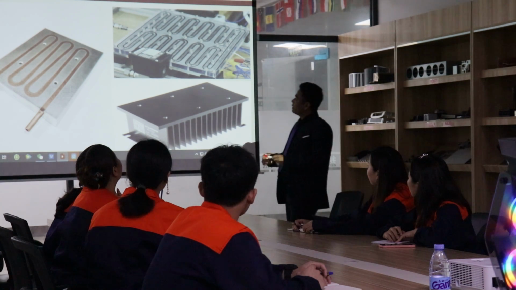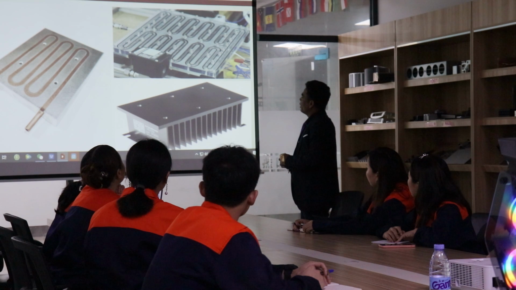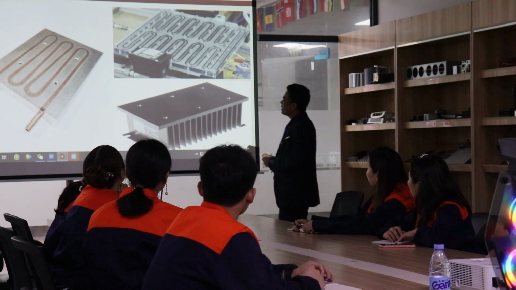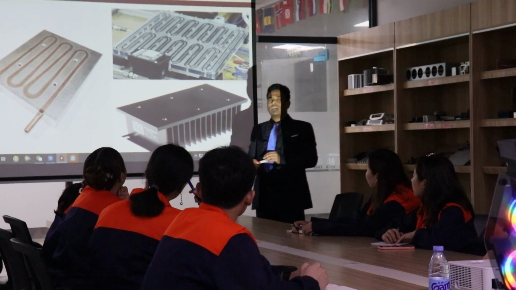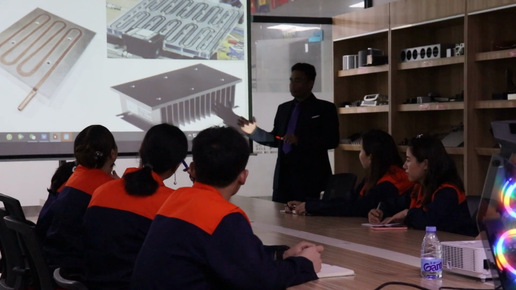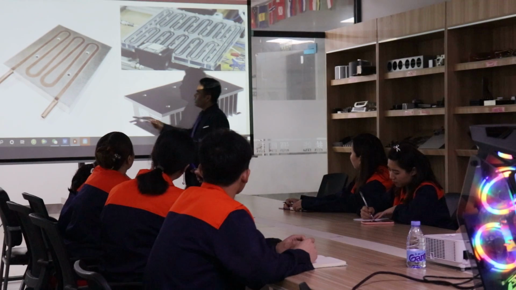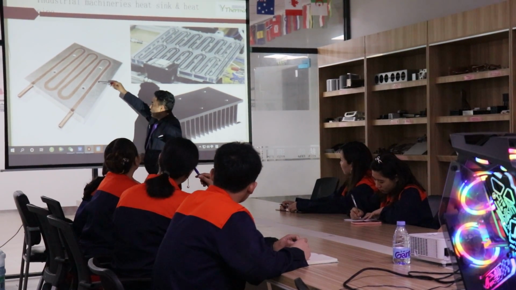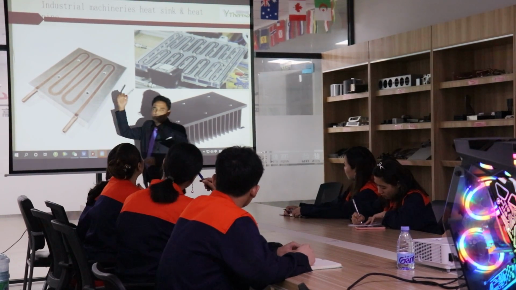The industrial machinery uses heat sink and heat pipe. We use it for industry machine cooling and machine parts, CNC machines, a lot of thermal power controlling, cooling control. We mostly use the heat pipe. Inside there is fluid: water, ammonia, nitrogen, something else.